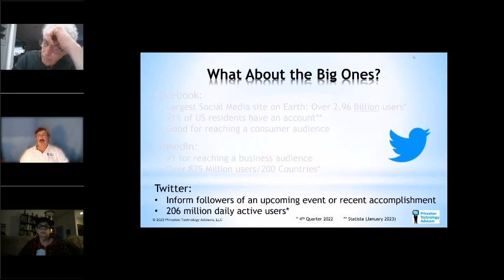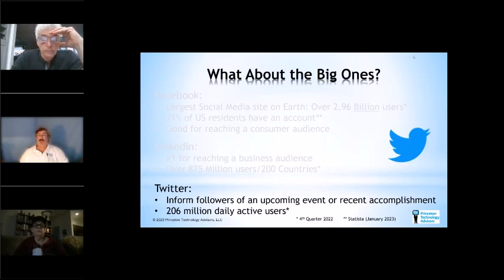Now I think what's happened, unfortunately, is it's become a little bit politicized, and some people have been turned away from it. So that's all I want to say about the current state of the management of Twitter. Little I've read on it, I just don't think that part is terribly relevant. But if your audience is on Twitter, you should be on Twitter as well.